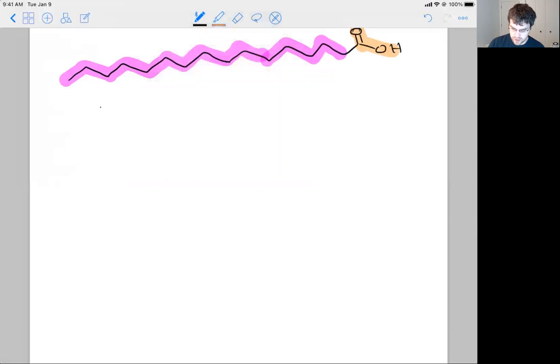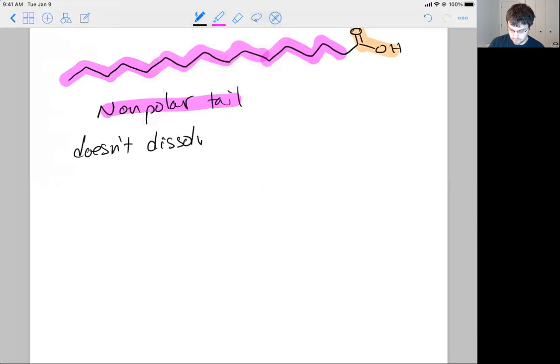We have the nonpolar tail, and the nonpolar tail does not dissolve in water. Okay, so it doesn't dissolve in water.